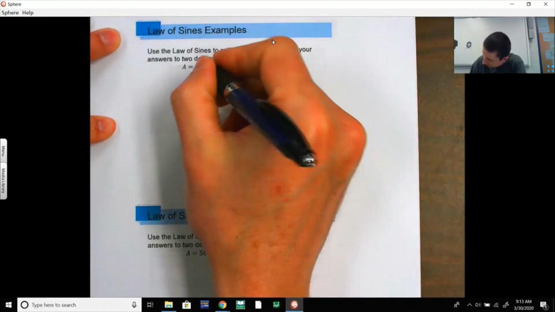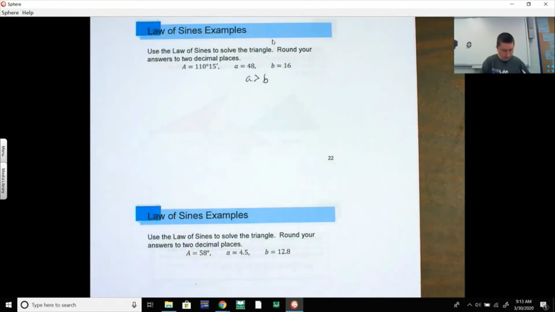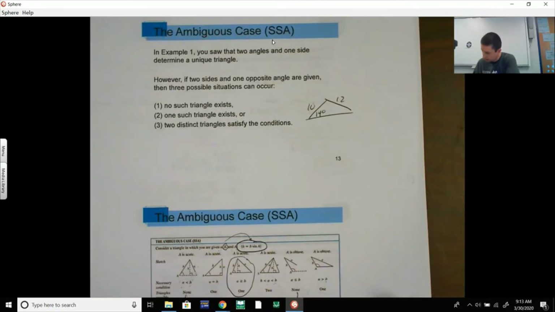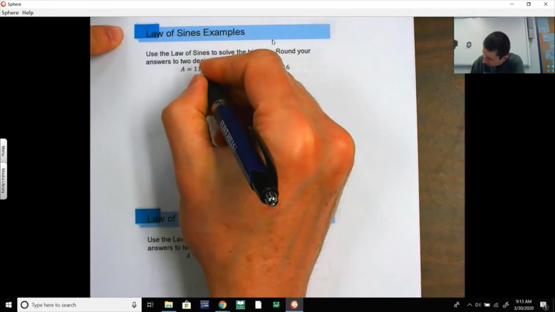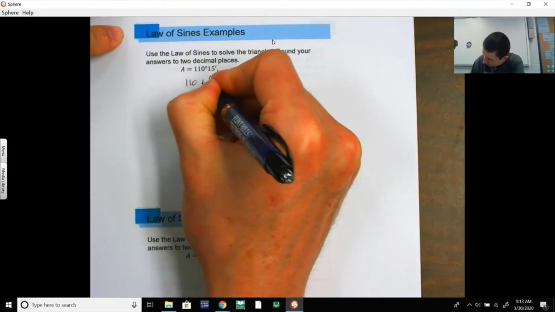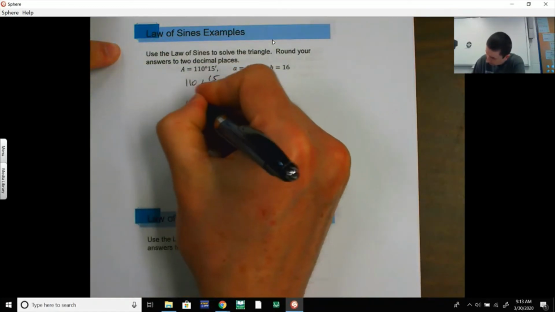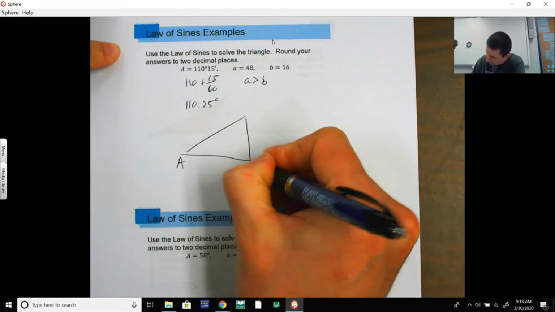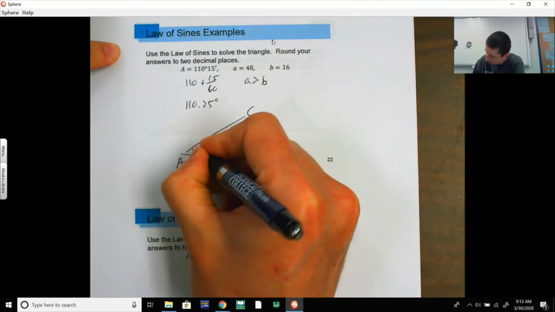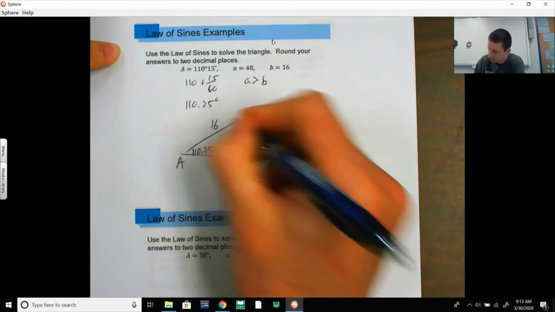Okay, a lot of practice with this. Trying to hurry here. 110 and 15 minutes, so a is greater than b. Okay, go back and check. a is greater than b, we're going to have one triangle. So 110 plus 15 over 60, that's 110.25. So there's A, put B down here now, C is up there. So 110.25, this is 48, b is opposite, which would be 16.